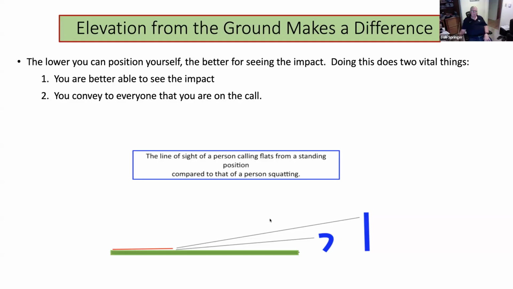Scott? Yes, Bob. Yeah, on that line, I've had many discussions with coaches. The problem the coaches have in determining flats is where they're standing. They're back at the runway in most cases. They are not in the position that we need to be in, as you've indicated here, perpendicular to the landing of the javelin.